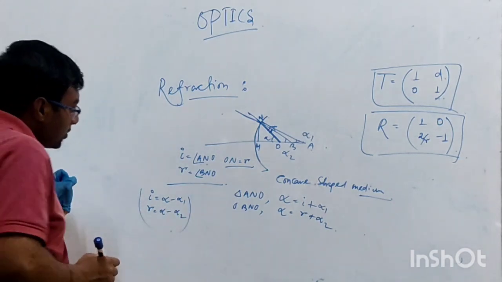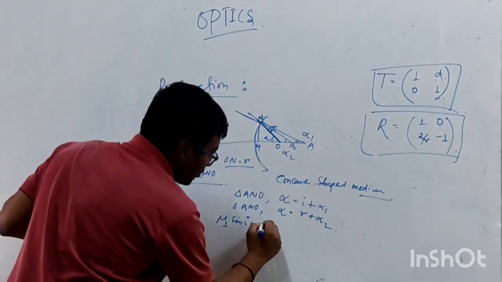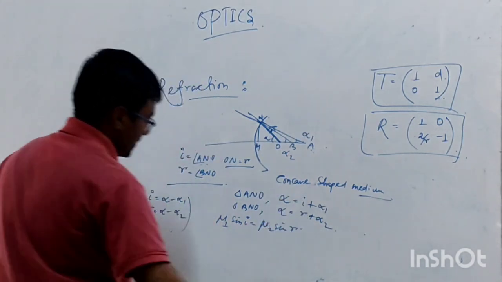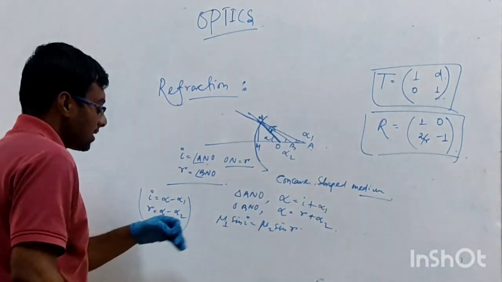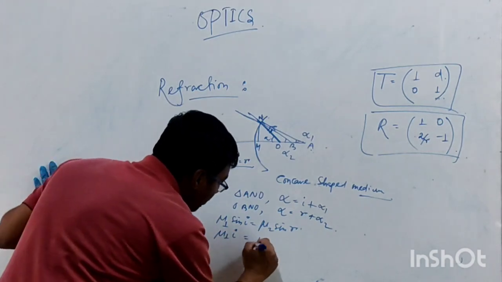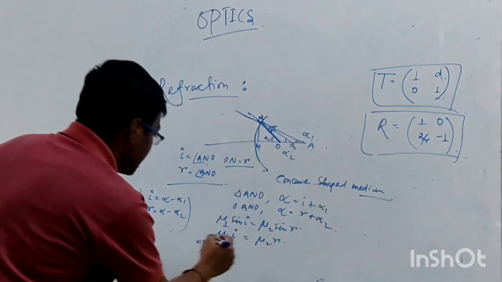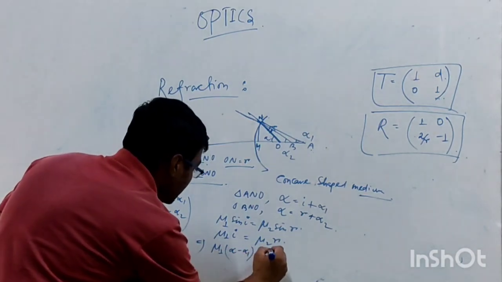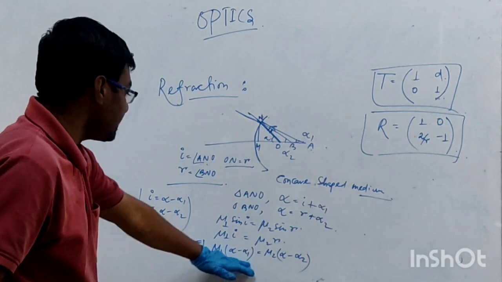And from Snell's law, we know that mu1 into sin I equals mu2 into sin R. If the angle is very small, or we can say that if the ray is paraxial, then we can consider mu1 into I equals mu2 into R. So mu1 into I means alpha minus alpha 1 equals mu2 into alpha minus alpha 2.